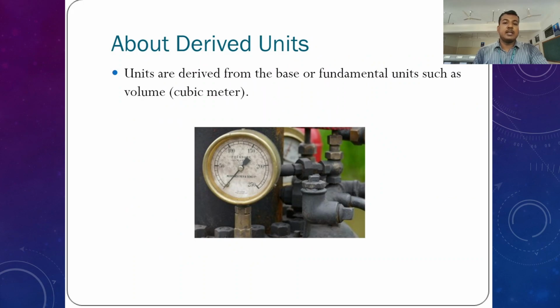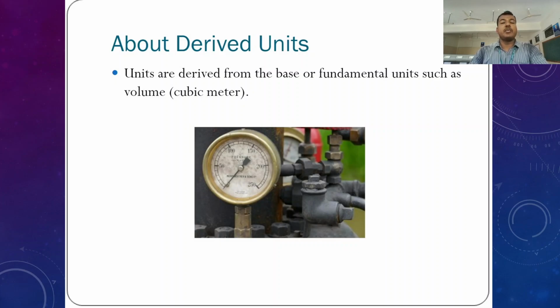And now in this slide we are seeing about derived units. There are two things. One is the fundamental units and another one is the derived units. Units that are derived from the base or fundamental units are called derived units.